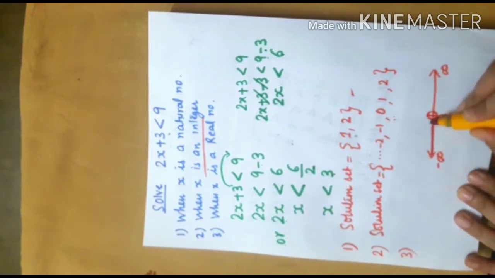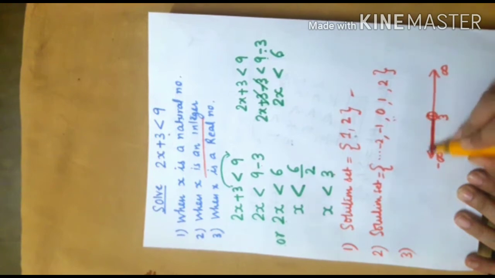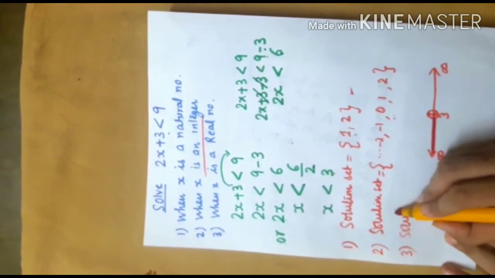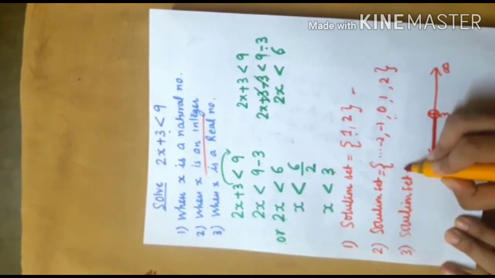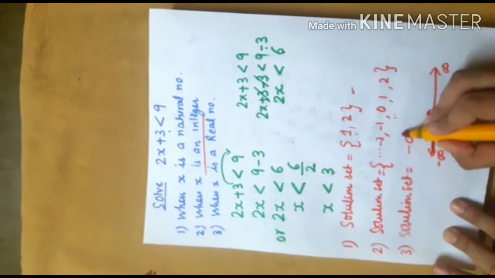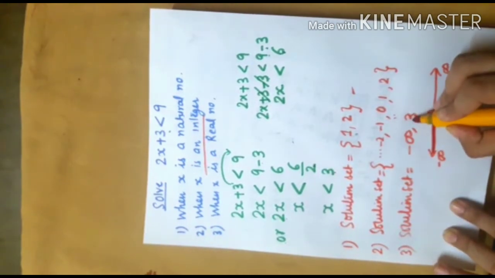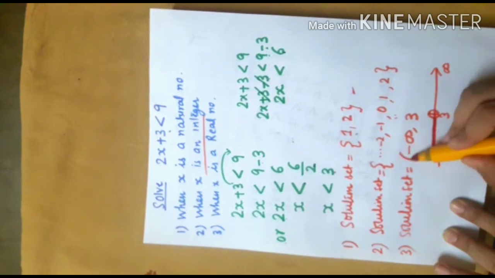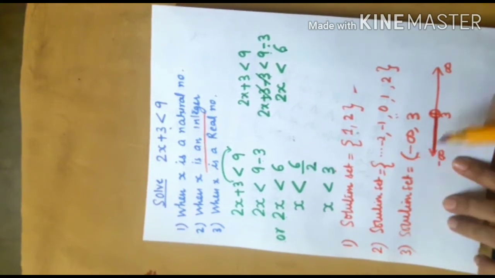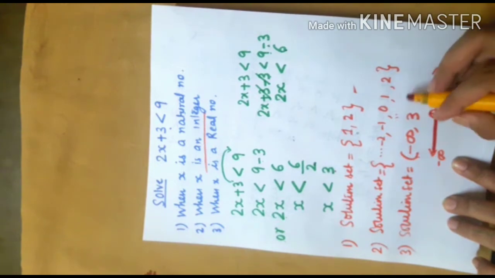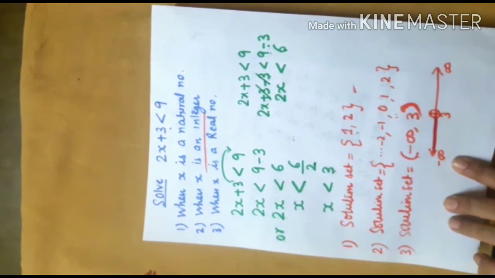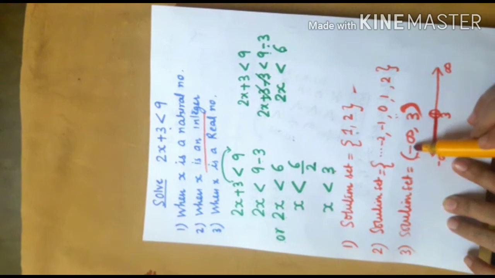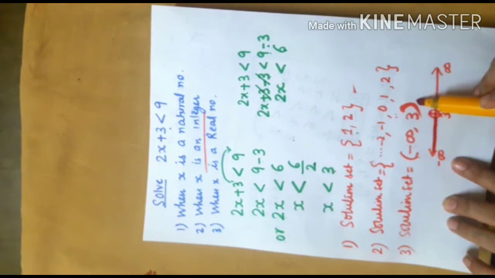So the solution set will be this set. In this case, the solution set will be the interval minus infinity to 3. On the infinity side, we always put a round bracket, and because 3 is not included, hollow circle on 3, we will put a round bracket here. So in this case, the solution set is the interval minus infinity to 3, open at 3.